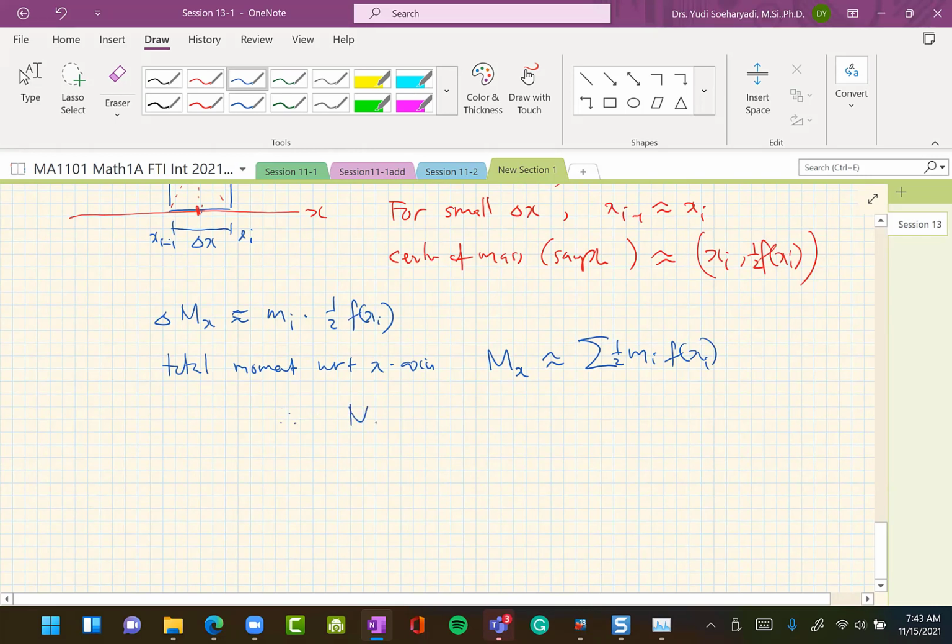So in this case, what is Mx? Mx is the limit of this sum, which becomes an integral from a to b. The mass is the density times area.